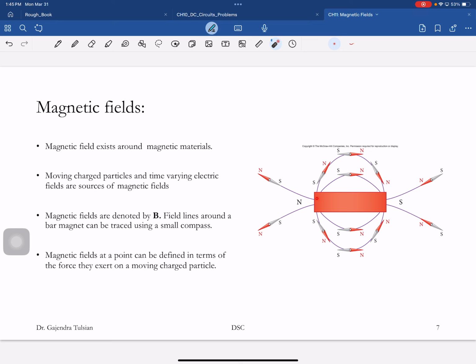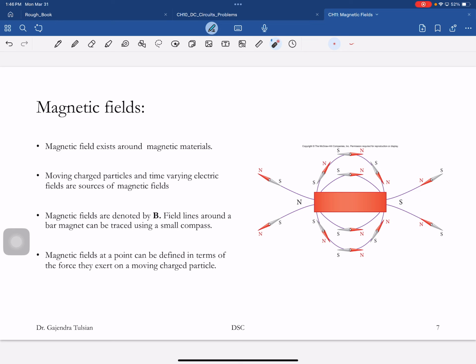When you have a field line like that, the field is tangent to the field line, with the North Pole pointing in the direction of the field line. We use a compass to tell north, so we'll come to that in a second.